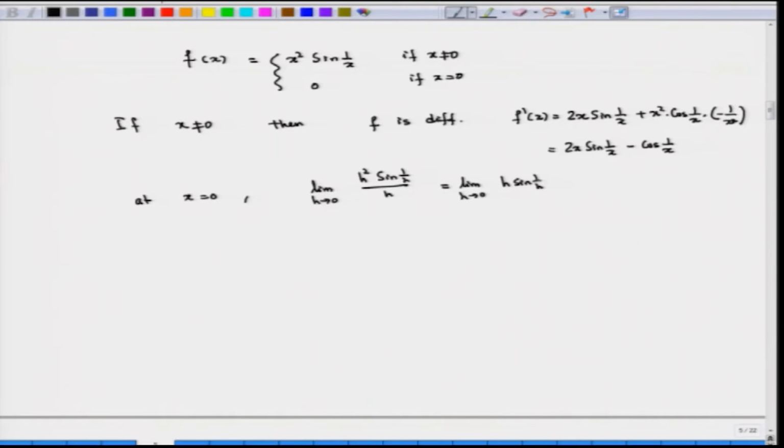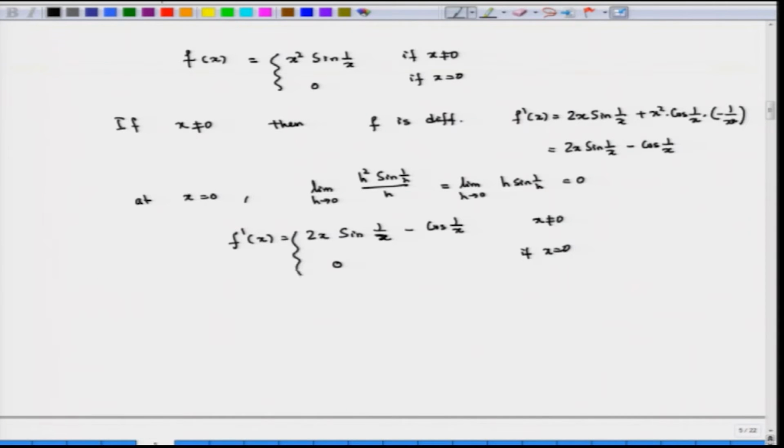By the sandwich theorem, we have seen that this limit is equal to 0. So f prime of x is equal to 2x sin 1 over x minus cos 1 over x if x is not equal to 0, and 0 if x is equal to 0.